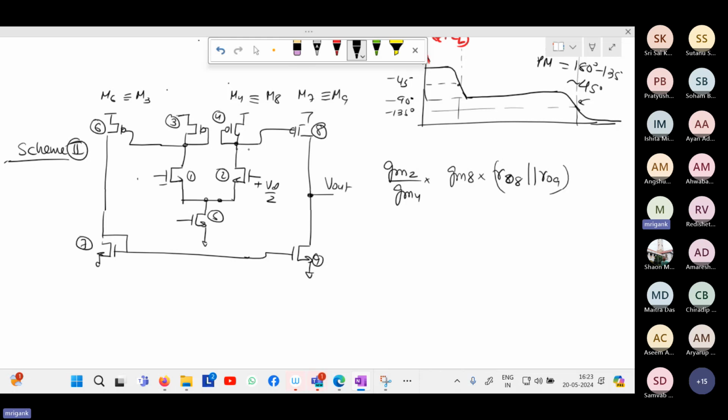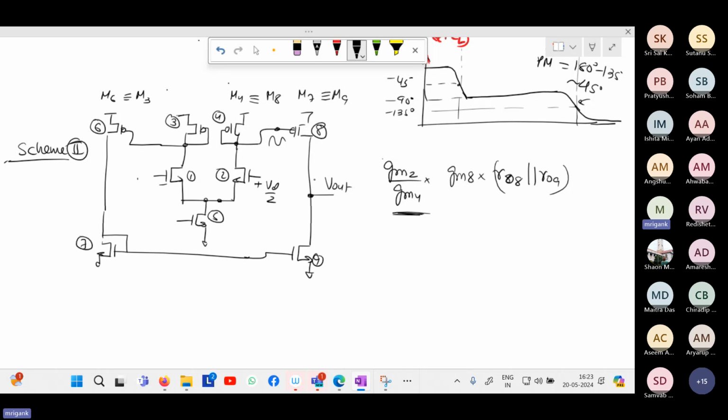And as a result, you will get the stage 1 gain given by GM2 by GM4 into VD by 2. That signal is appearing at the gate of M8. And therefore, that multiplied by the gain of the second stage, GM8 times RO4 parallel RO9.